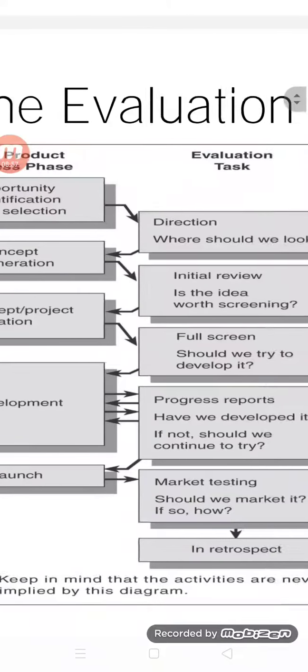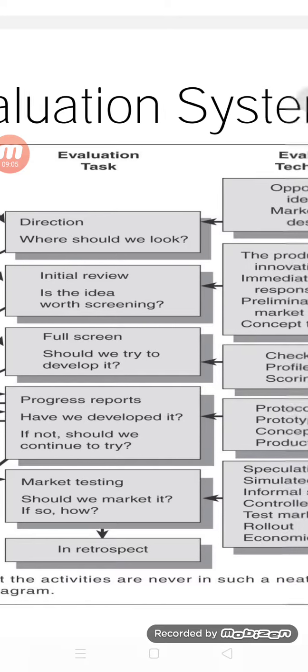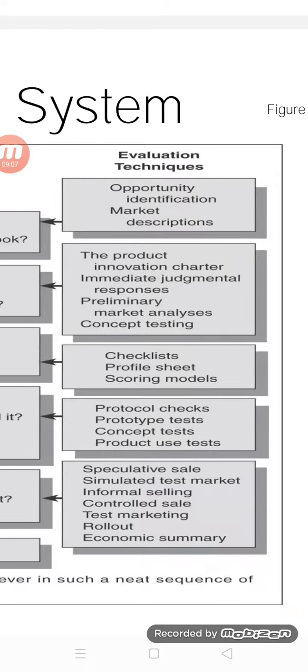And finally is the launch stage, which is at this stage you test the market, and how you're going to market it. Normally there are many techniques in order to test. At this stage, you can use speculative sale, the simulated test market, informal selling, control sale, test marketing, rollout, as well as the economic summary.